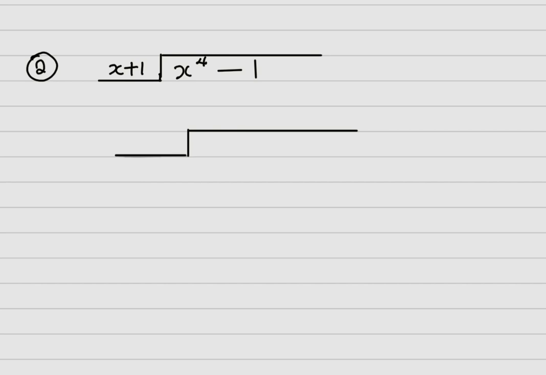So I'm going to have my x plus 1. Here I'm going to have x raised to power 4, then plus 0x cubed plus 0x squared plus 0x, then minus 1. You agree with me? It's the same thing. I've not changed anything. All right. But this will make the work easier for me.